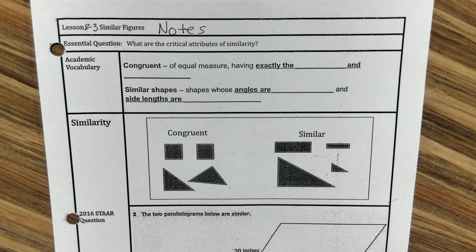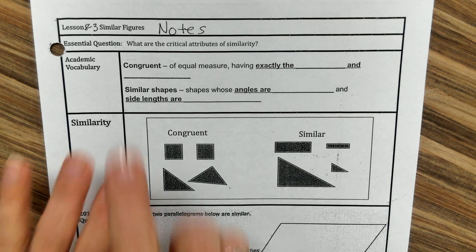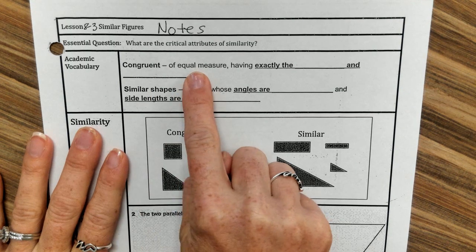What do you think? What do y'all think? I feel like the same. What does congruent mean? Congruent means the exact same. Exactly, like a clone copy is congruent. So congruent shapes are equal measure.